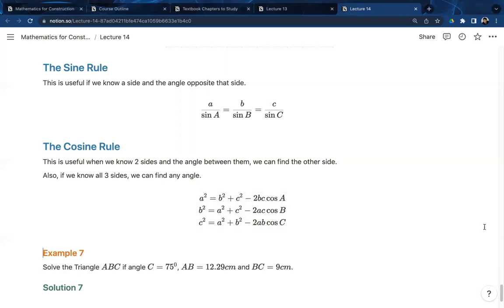So the cosine rule is more powerful than Pythagoras' theorem because it works for any triangle. Pythagoras' theorem is only for right angle triangles. And the sine, cosine, tangent, where you're saying opposite over hypotenuse, adjacent over hypotenuse, that's only for right angle triangles. When you have a general triangle, the only two things you could really use are the sine rule and the cosine rule.